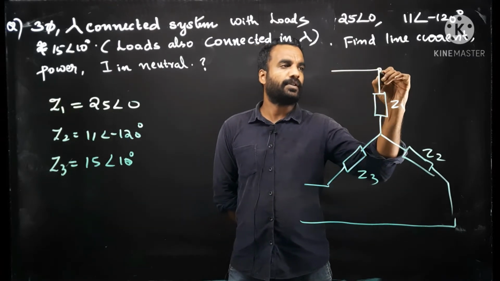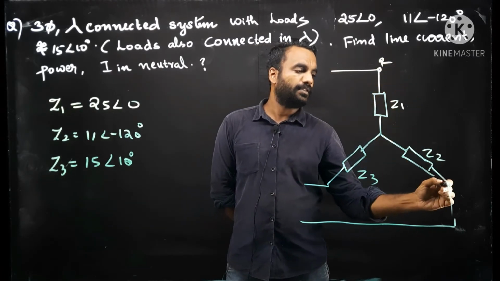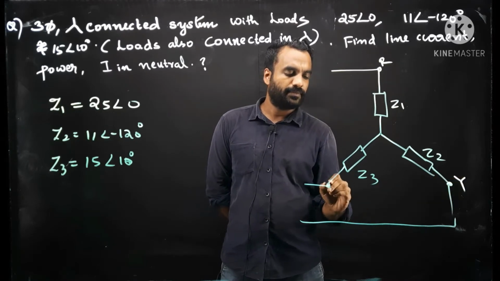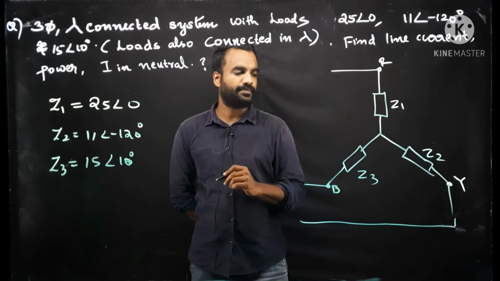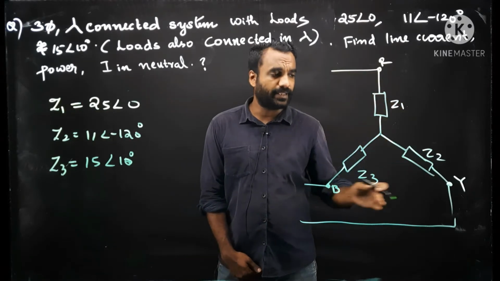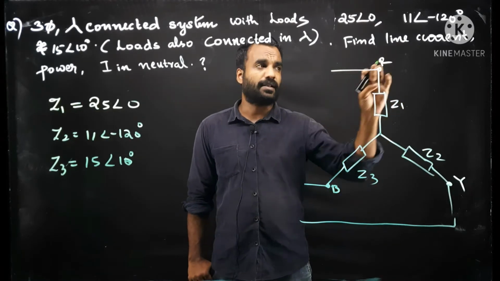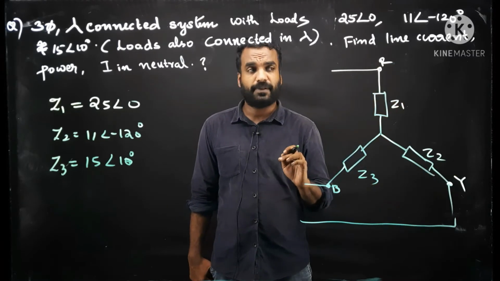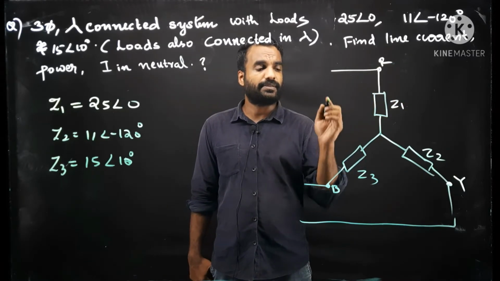We are considering this as R phase, this one as Y phase, this one as B phase, R, Y, B. And that should always be taken in a clockwise manner, R, Y, B.